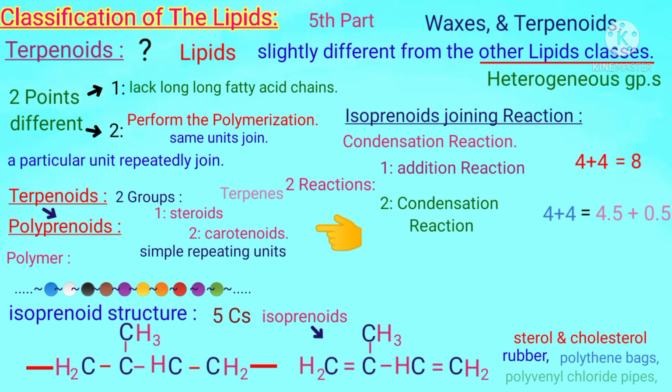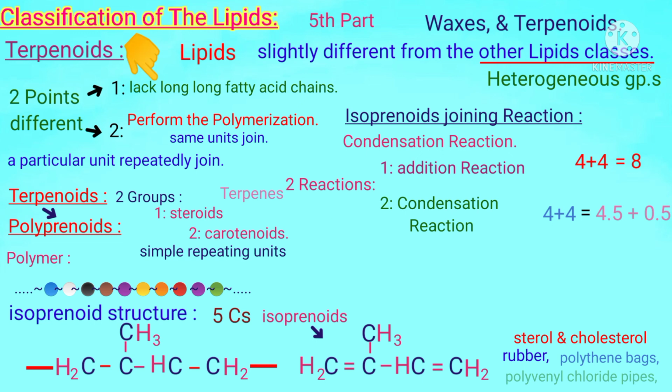So to help the chlorophyll, the plants have carotenoids, which we will discuss later in detail. But for now, students, keep in mind that carotenoids are the second branch of the terpenoids or polyprenoids and are synthesized by the repeating isoprenoid units. Next, steroids. Most of our hormones are steroids. Next, terpenes that are present in the oils, etc.